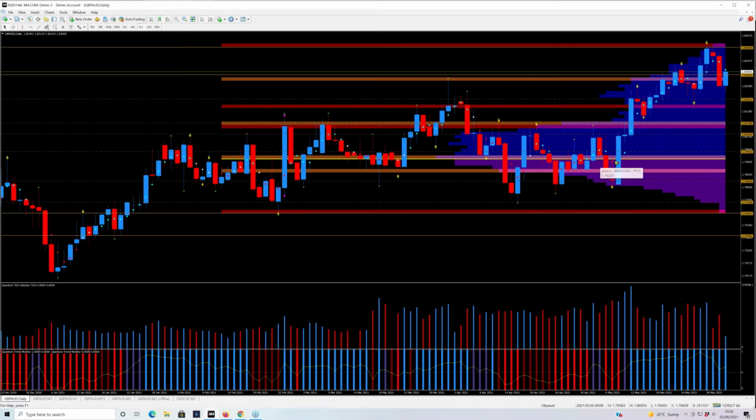Congestion phases on the slower time frame charts also have an impact on the faster time frames. If the ranges are very narrow, you're going to get some really choppy price action in the faster time frames. But eventually, nothing stays in congestion forever. It will move away, and it did.